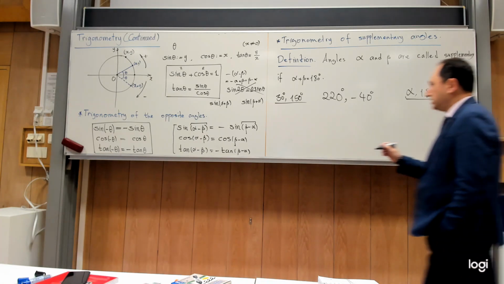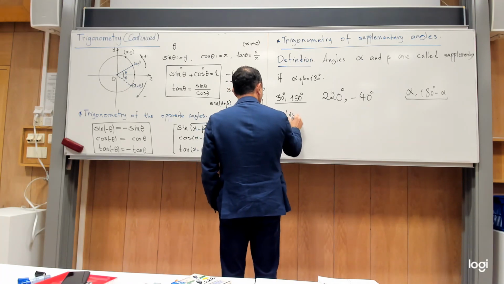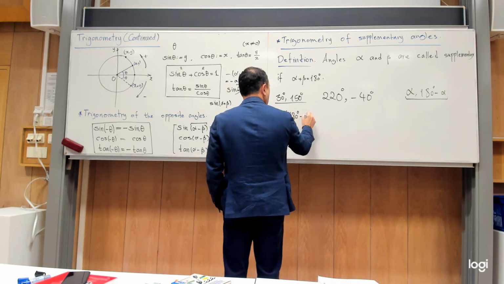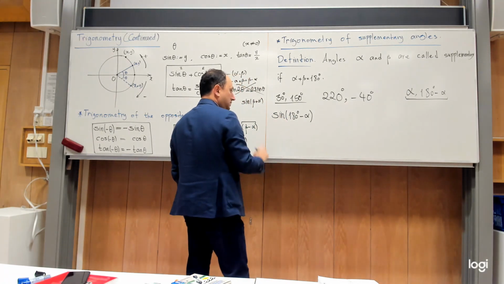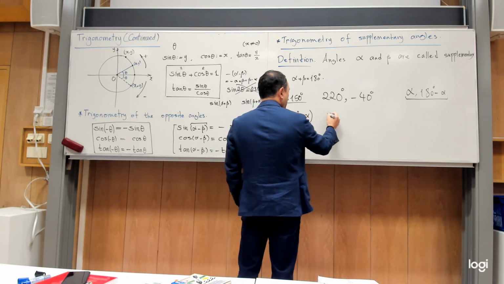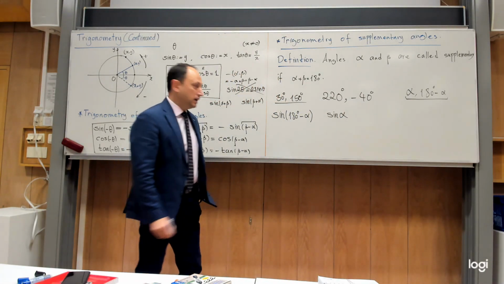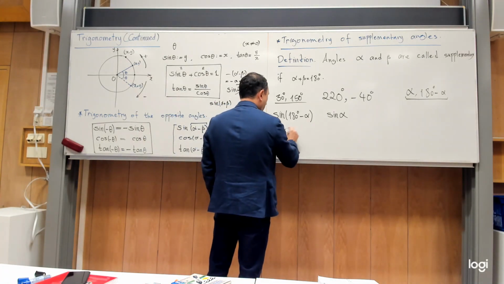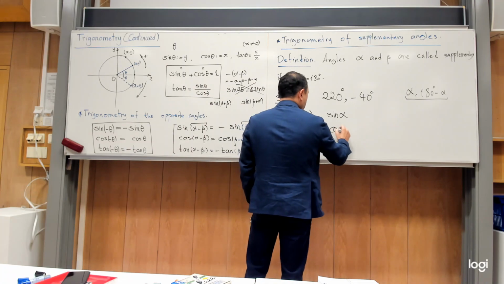So my question is, what happens if I want to calculate sine of 180 minus alpha? How is this related, if there is any relation, between sine of this angle and sine of the angle alpha itself? Yes, I will come back to you.